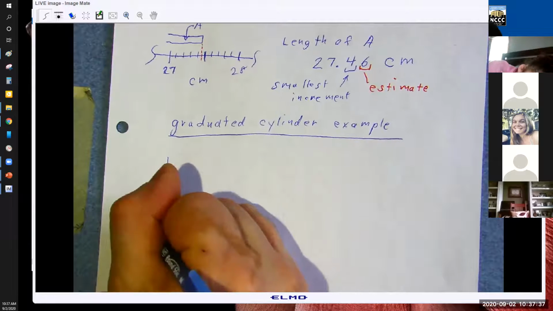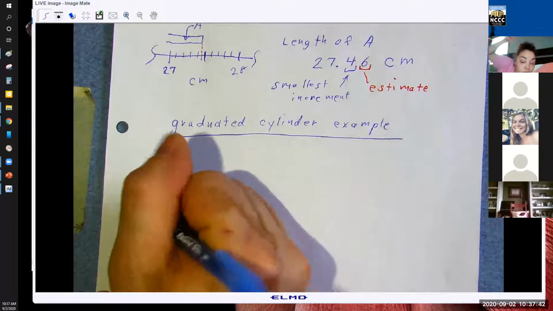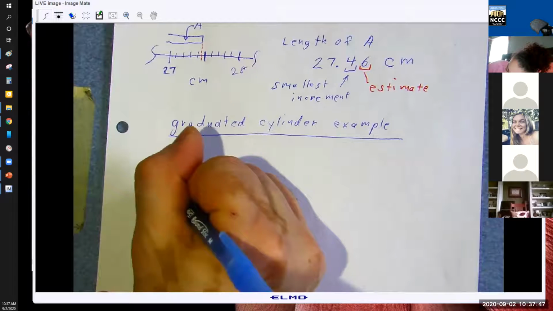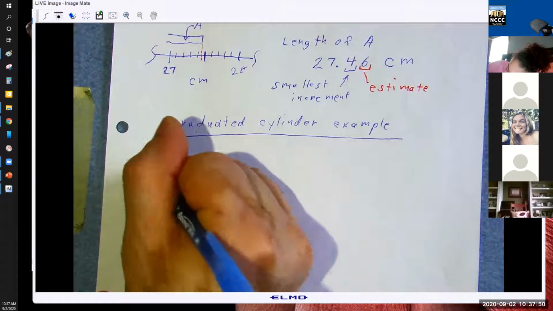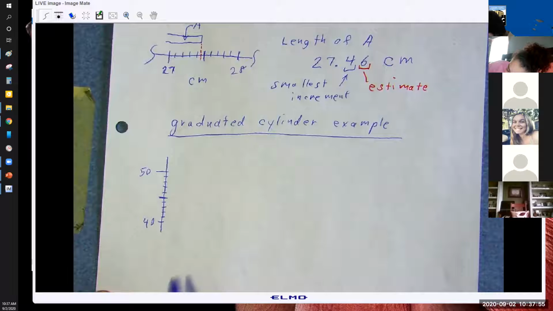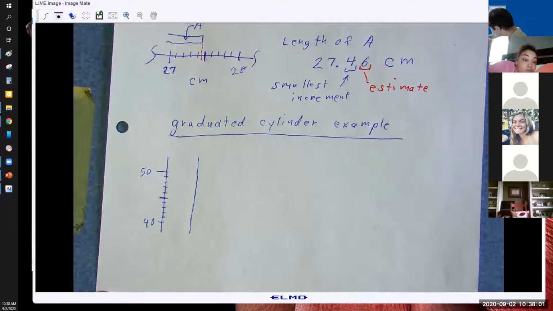So let's start at, I don't know, 40 here. All right, 1, 2, 3, 4, 5, 6, 7, 8. Yeah, that's right. All right, so I have this graduated cylinder. And I'm going to flip this on the side here just a minute. I'll put it back up as soon as I draw this out.